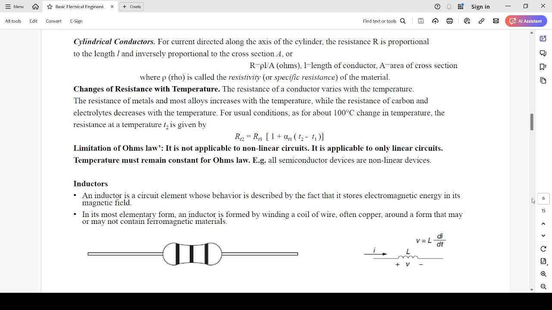You can calculate the unit of the resistivity also. You can cross multiply R with A, that is, you get ohm into meter square divided by length, that is meter. So eventually we get the unit of the specific resistance, that is ohm into meter. This you should remember.